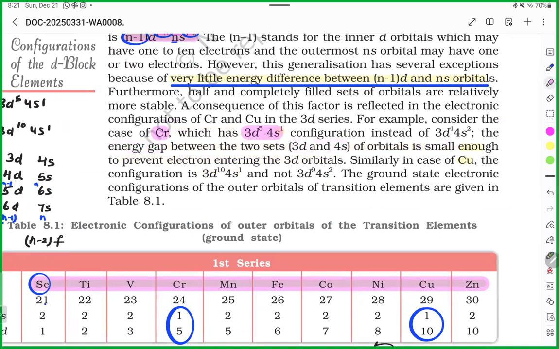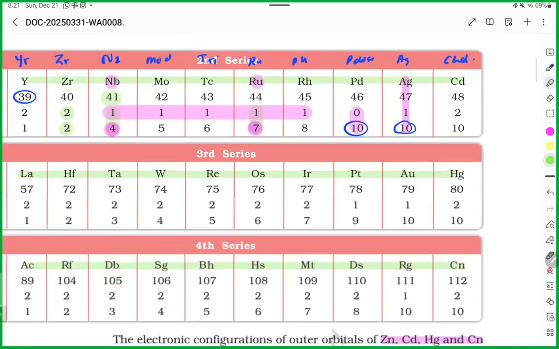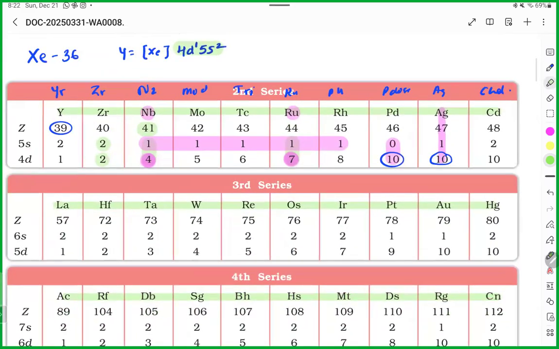The energy gap between the two sets, 3d and 4s, is small enough to prevent electrons entering the 3d orbital. Still, there is enough gap, but here the energy gap is less. Here the energy gap is less, so electrons can easily move.